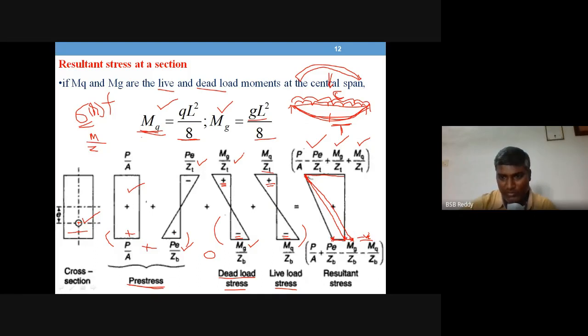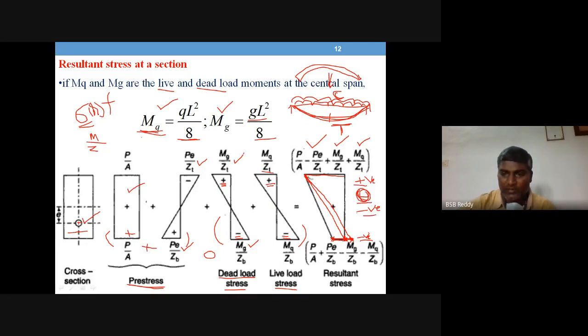So for the bottom fiber stress there are three options: either you may have zero stress at bottom, you may have positive stress remaining at bottom, or negative stress at bottom.